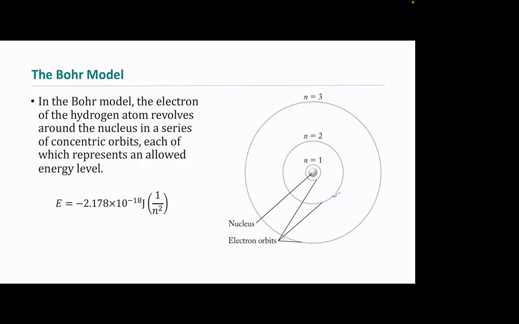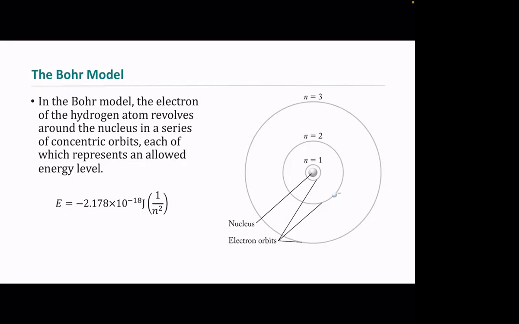Now, obviously, hydrogen only has one electron, but that electron can exist in different energy levels. So Bohr's work is specifically on the hydrogen atom. And he describes the energy, and he comes up with this constant, and it's related to whichever energy level, whichever orbit, it's in.